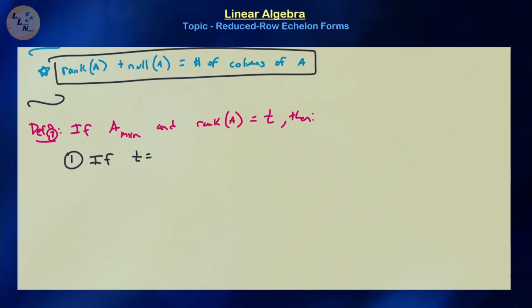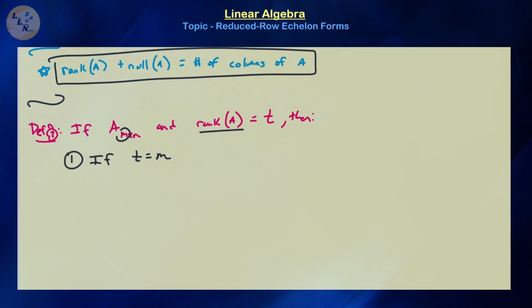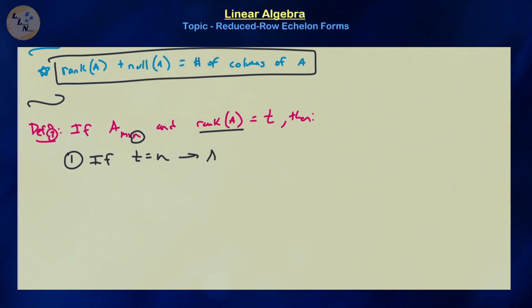If t is equal to n, so the rank of A is equal to the number of columns, then we say A has full rank.